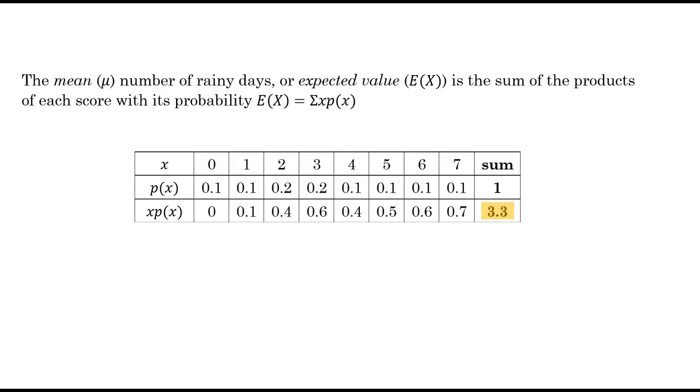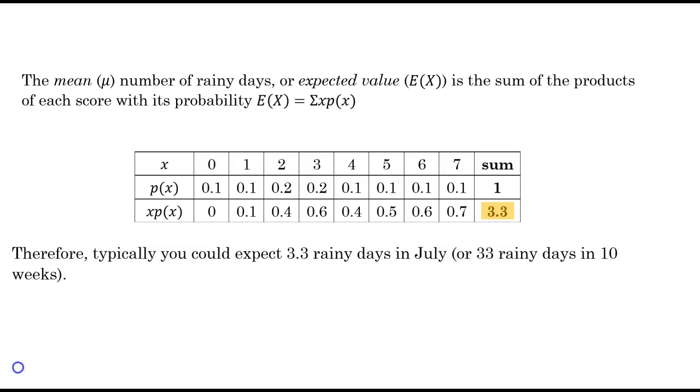This data suggests that the expected number of rainy days in a week in July is 3.3. Now, keeping in mind these are discrete values, I can't have 3.3 rainy days, but typically in the long run I have an average, or a mean, of 3.3 rainy days.